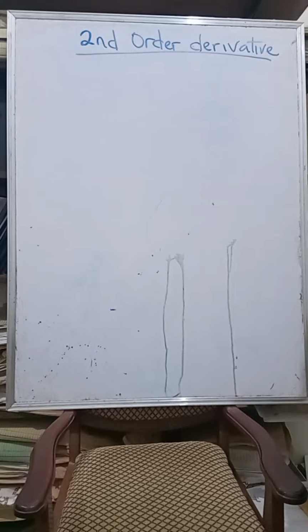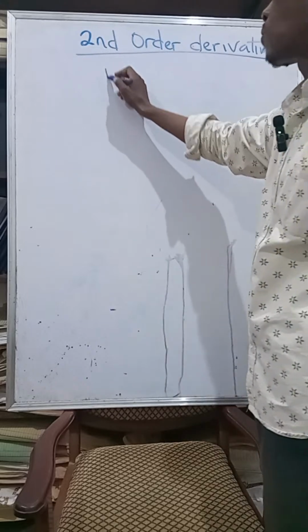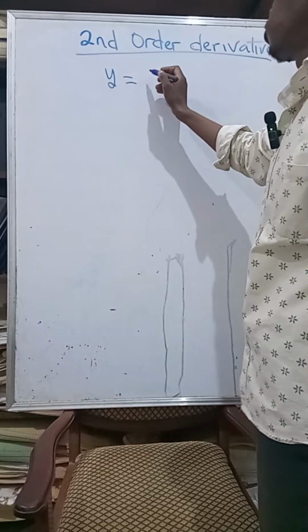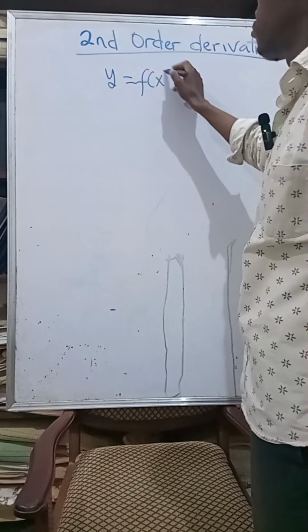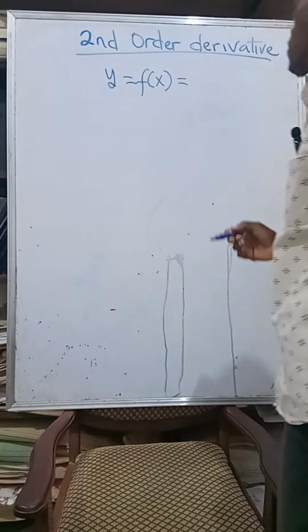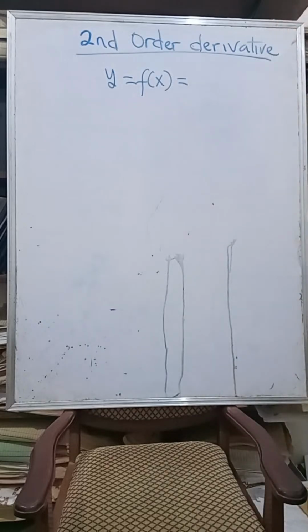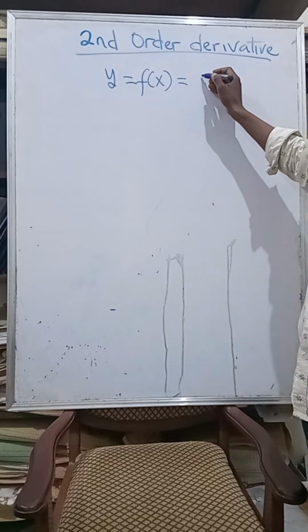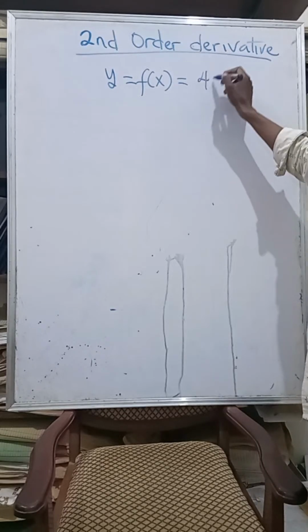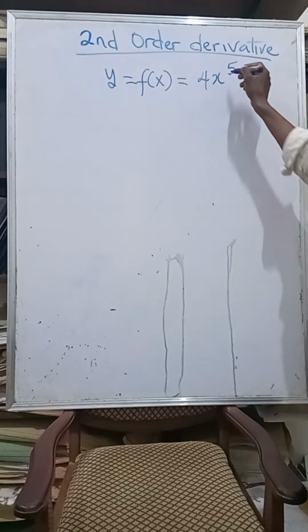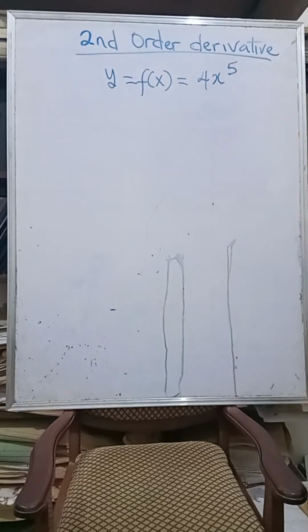Second order derivative. What does that mean? For example, you have y equal to, which is the same as f of x, and you have an expression, probably 4x to the power 5, and you want to get the second order derivative.